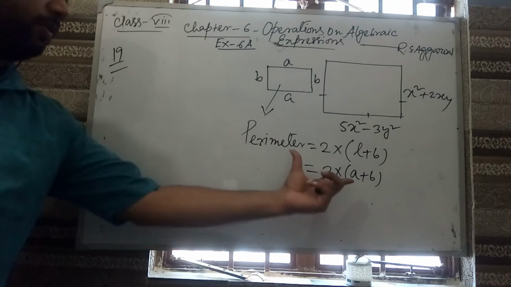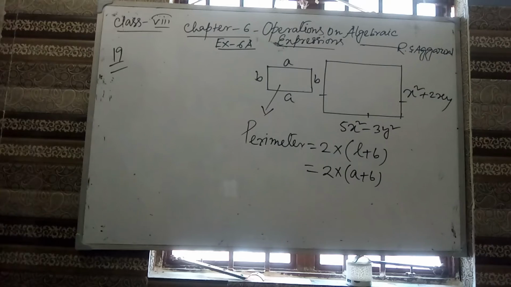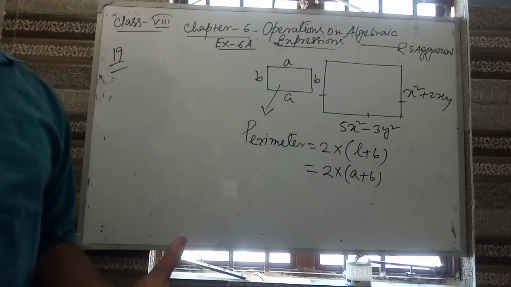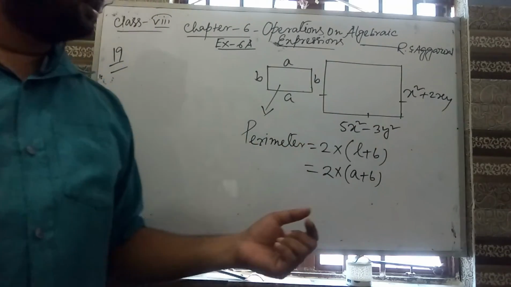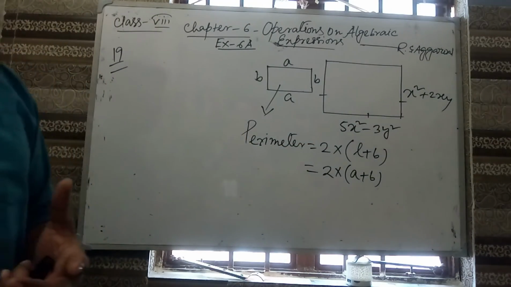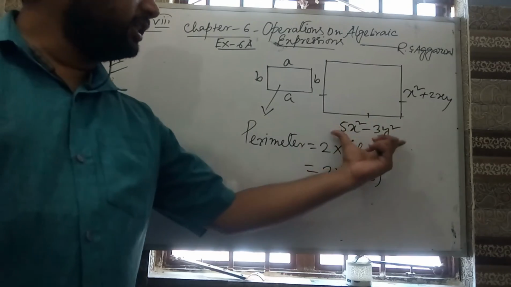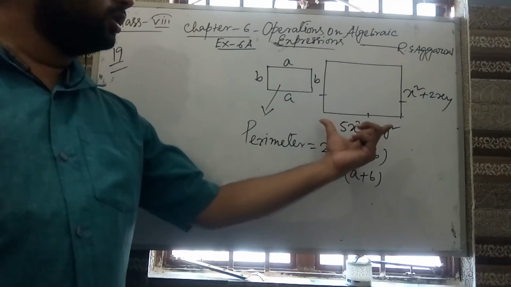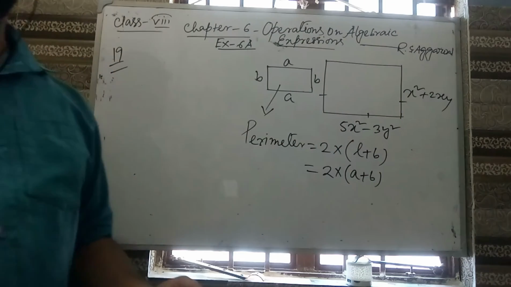Okay, so this is the formula to find out perimeter of a rectangle. So in this figure, if we consider this one as the length and this one as the breadth, so what will be the perimeter? 2 times length plus breadth. So that is, your answer will be 2 into this one plus this one.